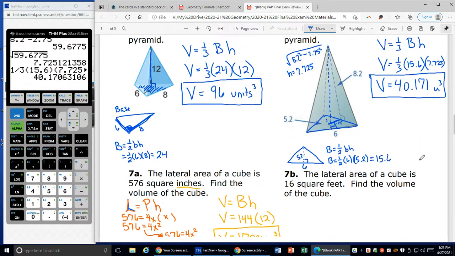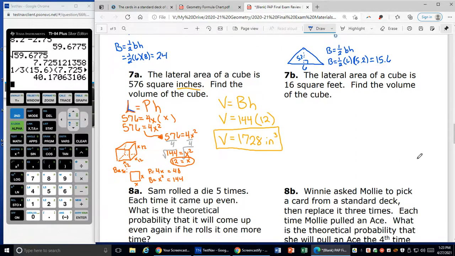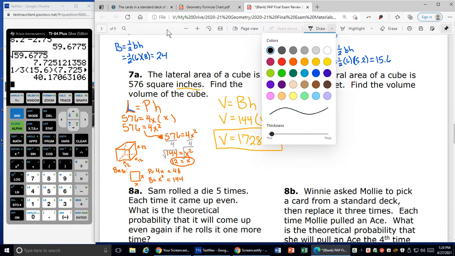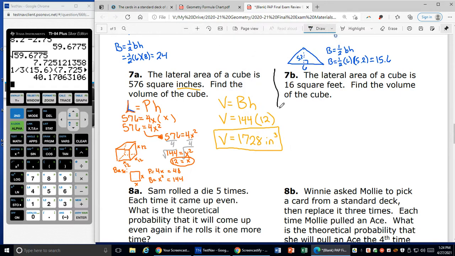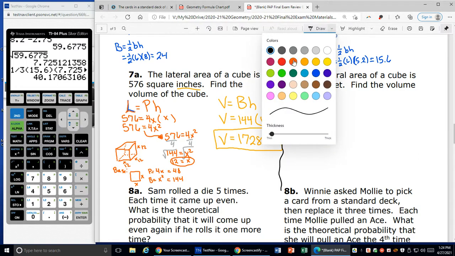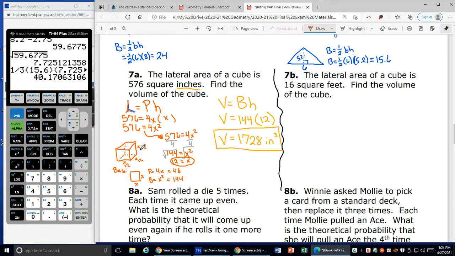Okay, let's look at 7b. The lateral area of a cube is 16 square feet. Find the volume of the cube. So this is going to be the exact same process as the last one, where I'm using the same cube, right? Which means my perimeter of my base is still going to be 4x, and my base is still x squared, because it's still a cube and I still don't know any of the side lengths.